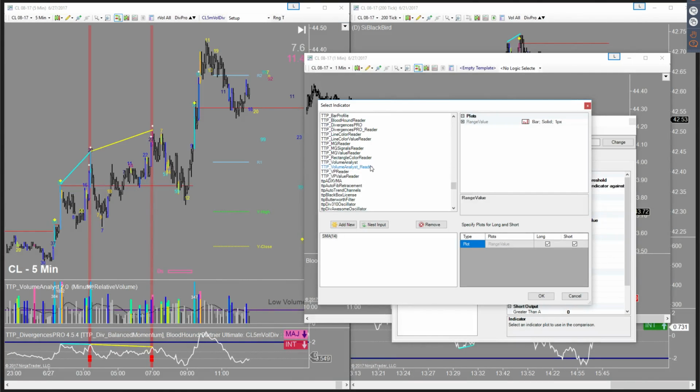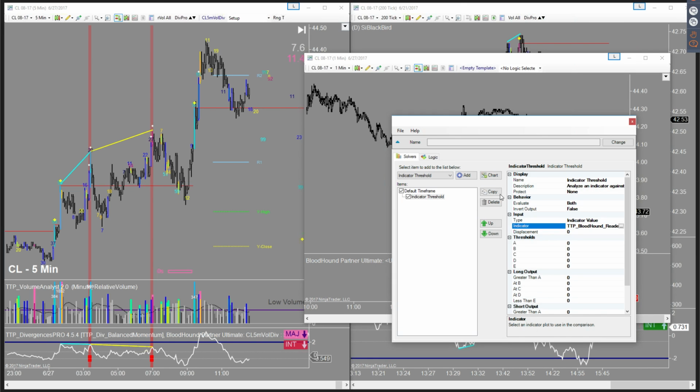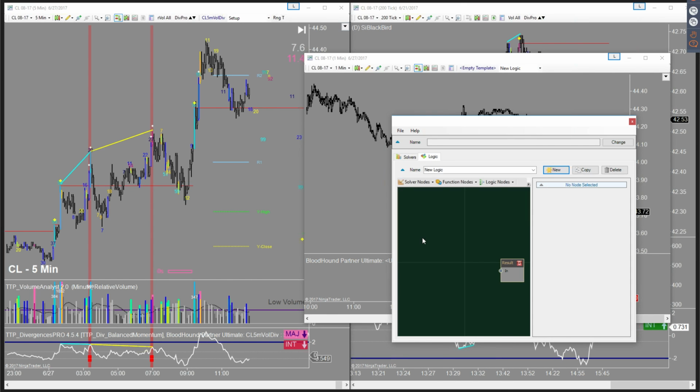So we've designed an indicator called BloodHound Reader. You select the workspace that you want to access BloodHound from, and then you select the chart that you want to access. We want to access that 5 minute chart. Let's go ahead and make it a template.